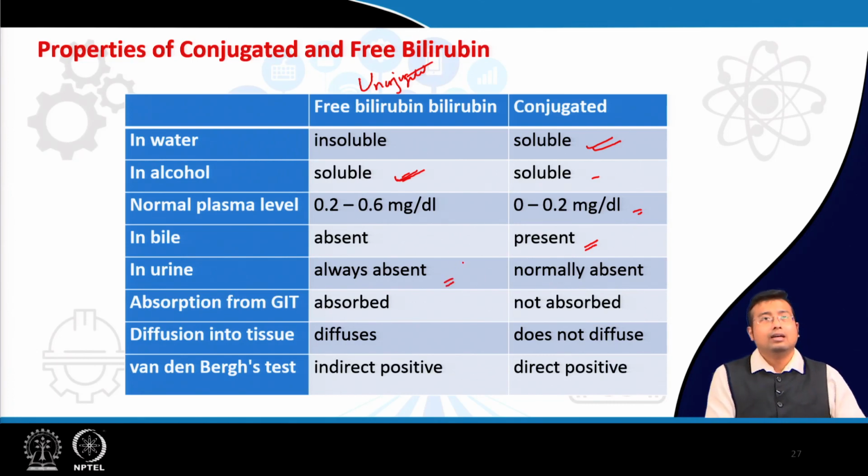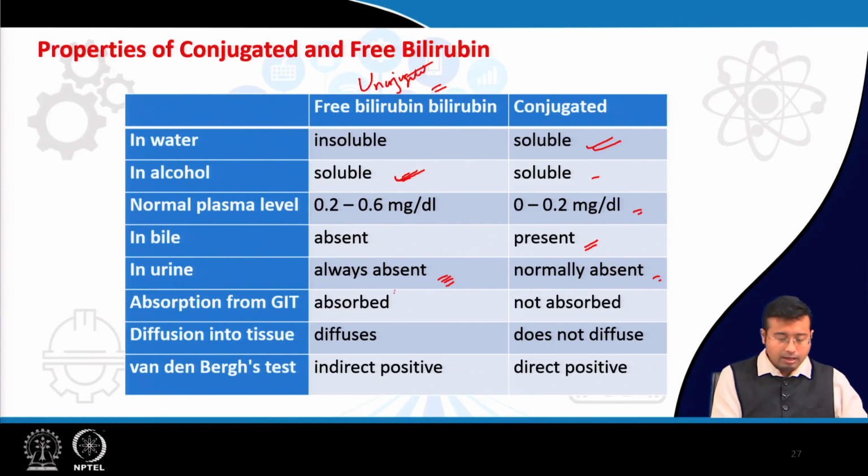In urine there is no free or unconjugated bilirubin, whereas conjugated bilirubin may sometimes be present, but it is normally absent. So, both are normally absent, but unconjugated is never present. There is no possibility of it being present in urine because unconjugated bilirubin will not go there. We will show the pathway of how bilirubin comes out in urine.